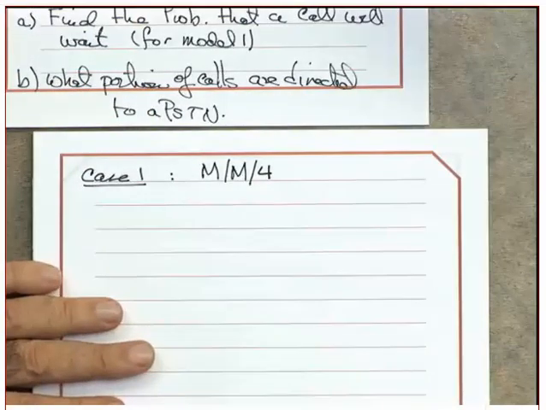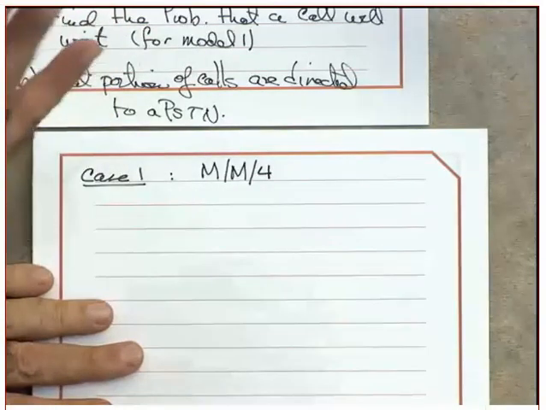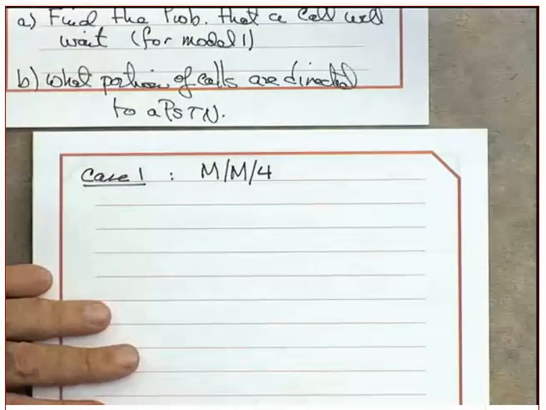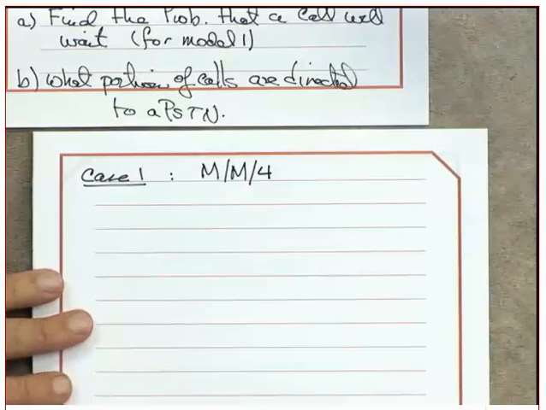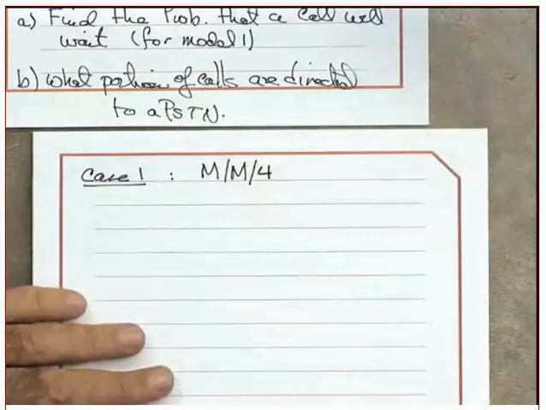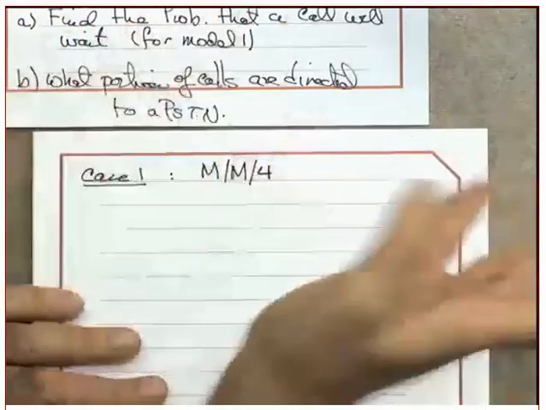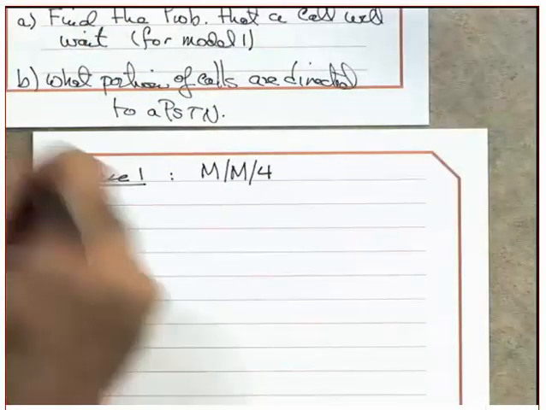This is case 1. Why? Because incoming calls that see all the lines busy will be delayed, will be waiting. Now you might say, but how do I know that the buffer is infinite? The question will tell you, assume that the buffer is infinite. Because if the buffer is not infinite, it needs also to tell you that. Clear? Okay.